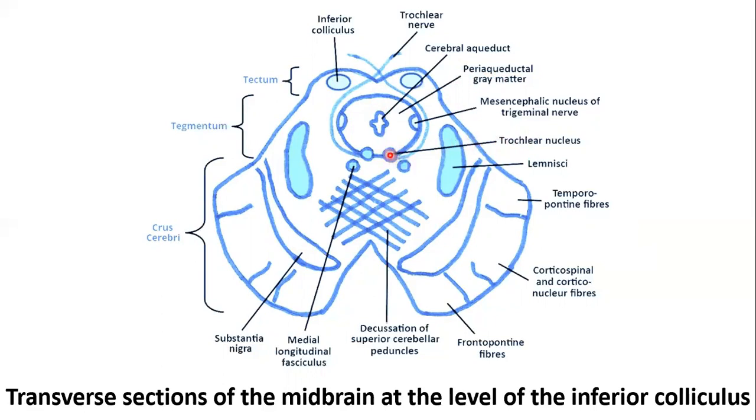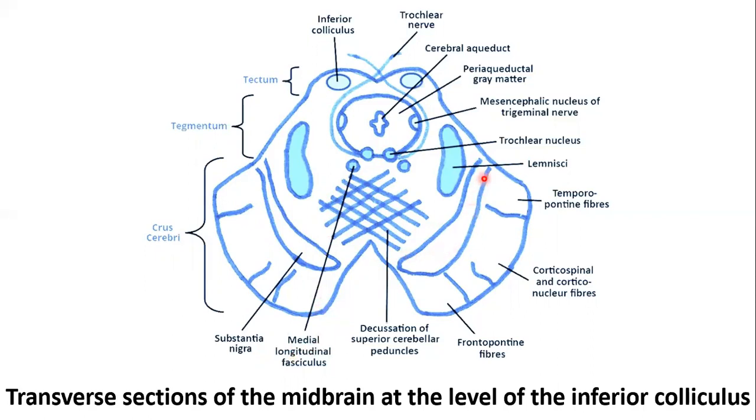And posterior to that, rather anterior to that, is the trochlear nucleus. You can see this is the trochlear nucleus, the fourth cranial nerve. This is lying anterior to the periaqueductal gray matter and posterior to the medial longitudinal fasciculus. So this is another gray matter present here. And then we move on and see what structure is present over here.